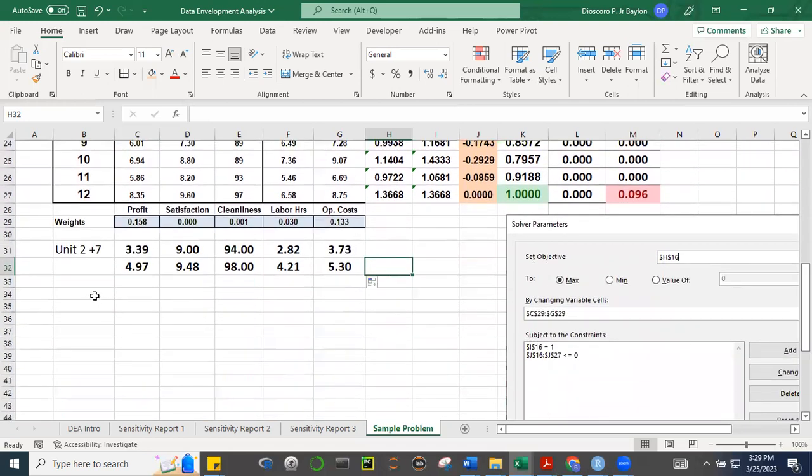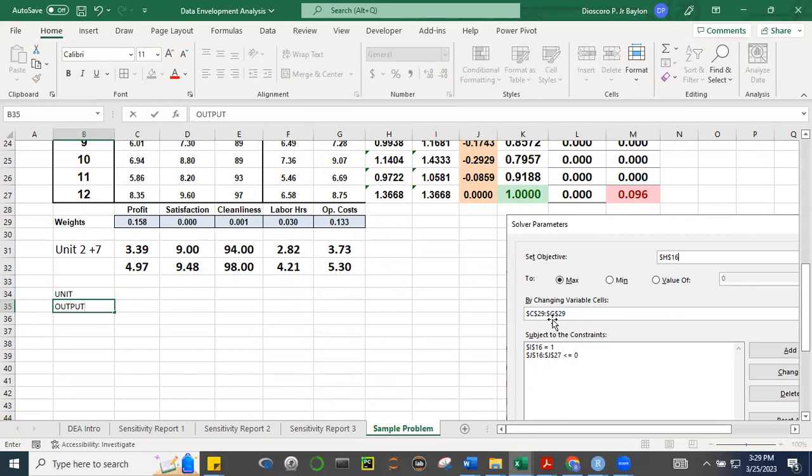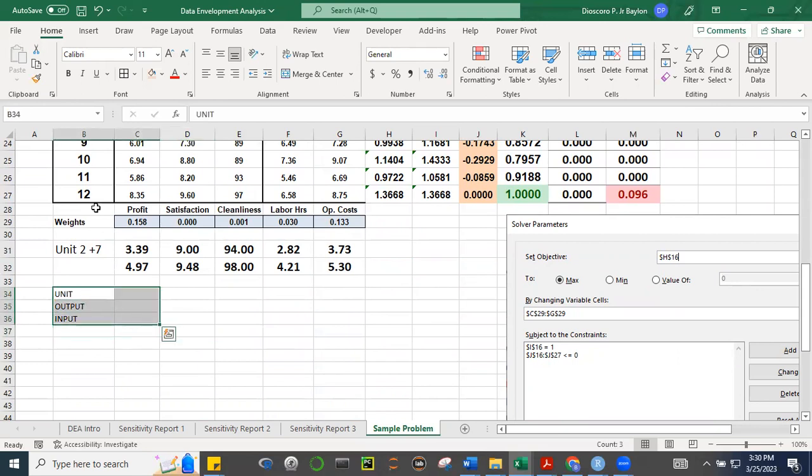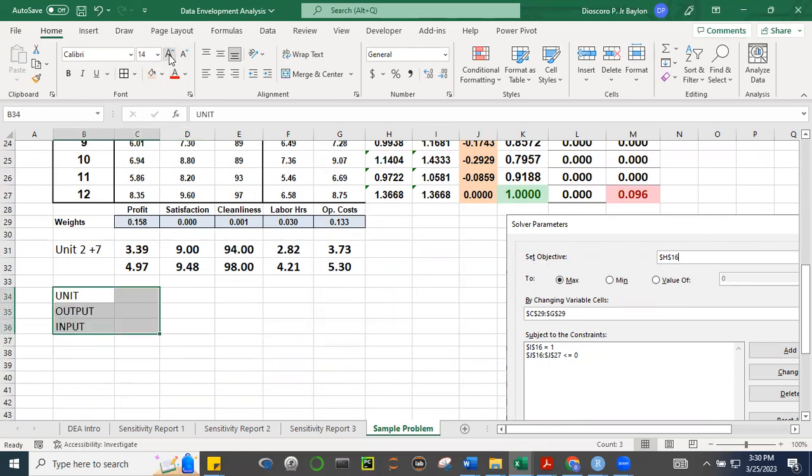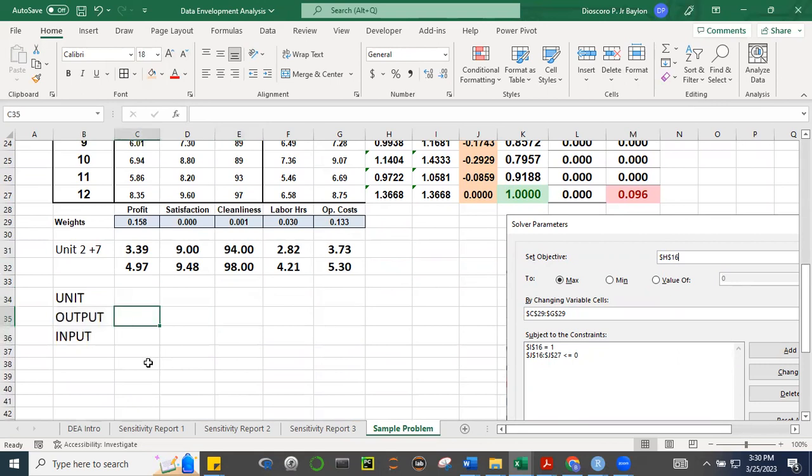I don't know if you have used the INDEX function. Let me state here unit, and then let me identify the output and then the input. We will just have a link here for the output and the input, and then we'll just state what unit it is.